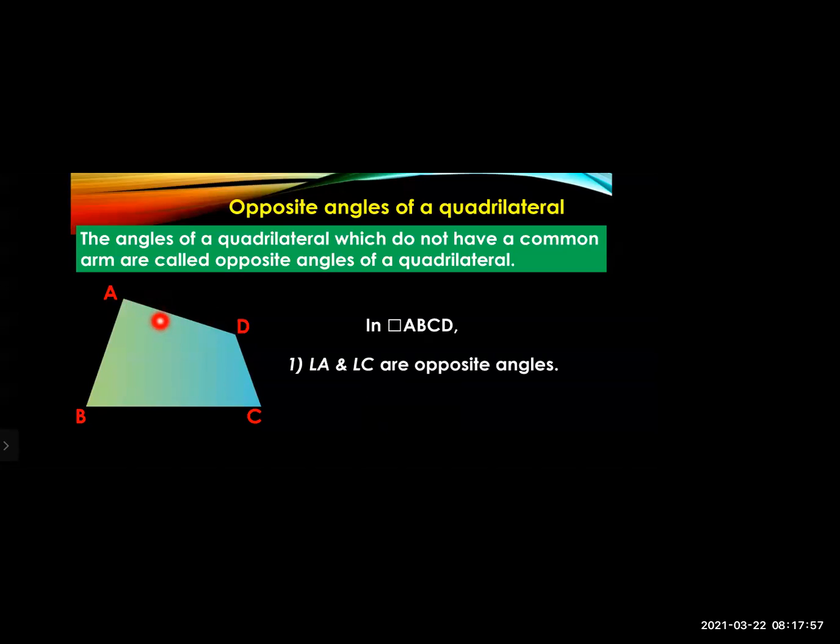The same way we have to write the opposite angles. Angle A and angle C are the opposite angles. Next, angle B and angle D are opposite angles. Like this also you can show, angle DAB and angle BCD are the opposite angles. So in opposite angles, there will not be any common arm.